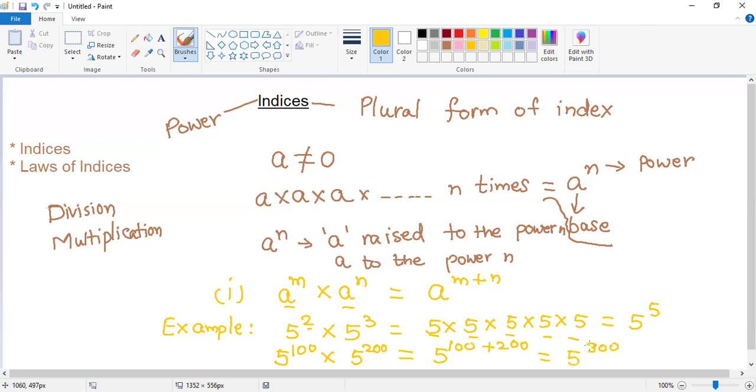So this is our first law. When a to the power m is multiplied by a to the power n, it will be equal to a power m plus n.